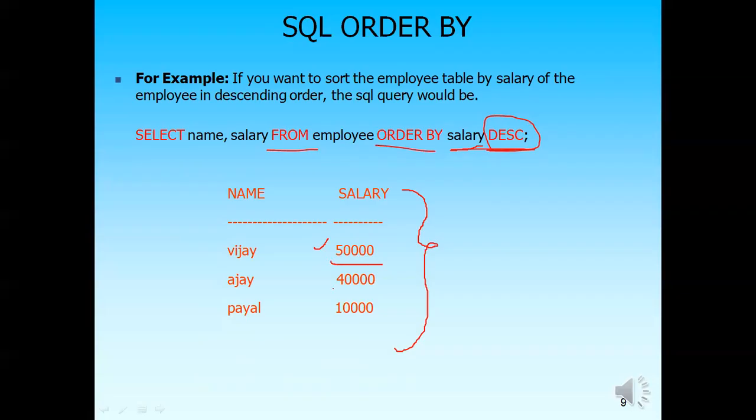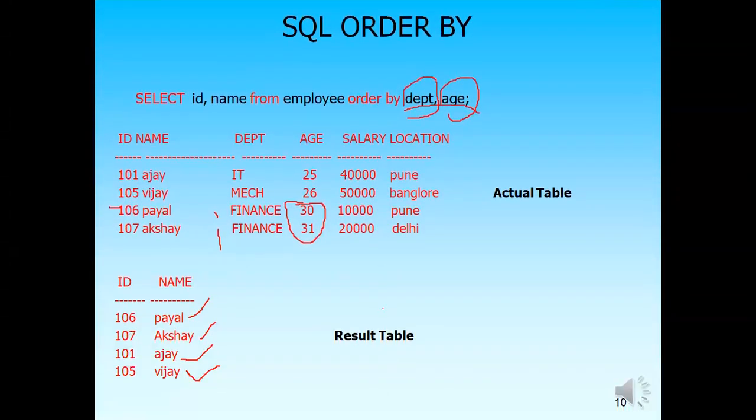So name, salary, and here my result is in descending order. You can observe 50,000, 40,000 and 10,000. I hope you are clear with this. Again, as I told you, you can use the order by clause with multiple fields. This is actually multi-column ordering, also called nested ordering.